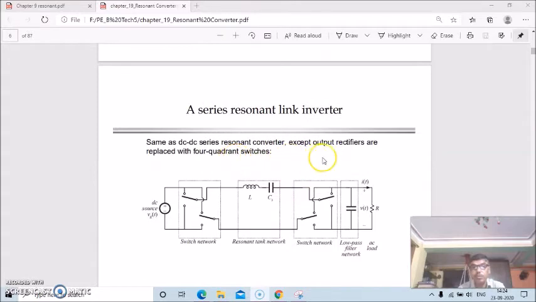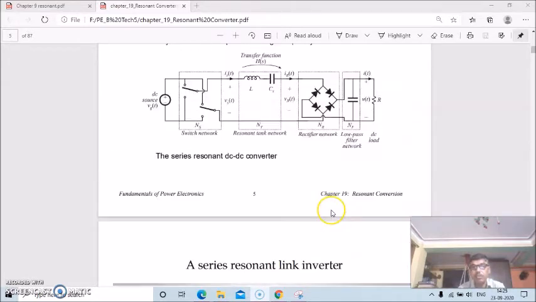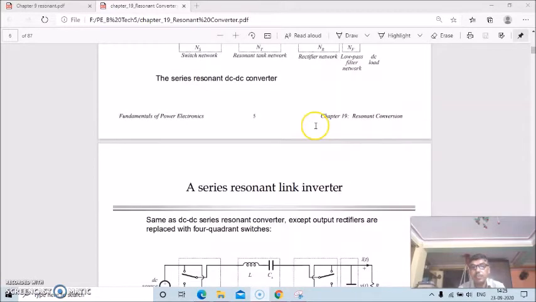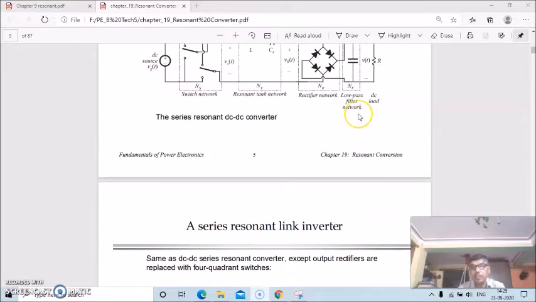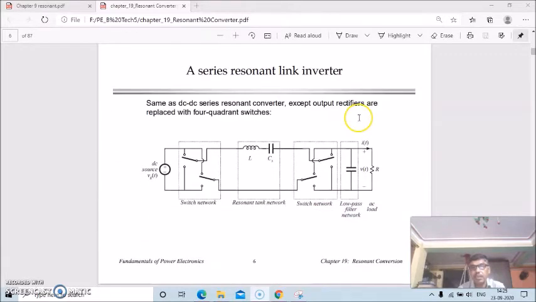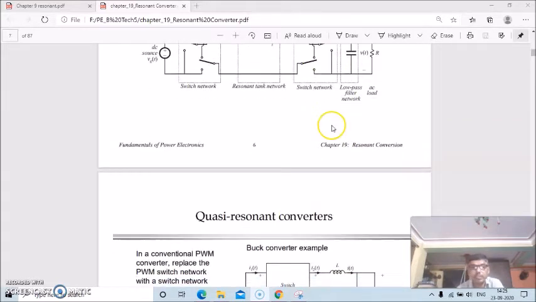The output rectifier is replaced with this switch network, the low pass filter network is the same, and this is the AC load. So this is a series resonant link inverter.